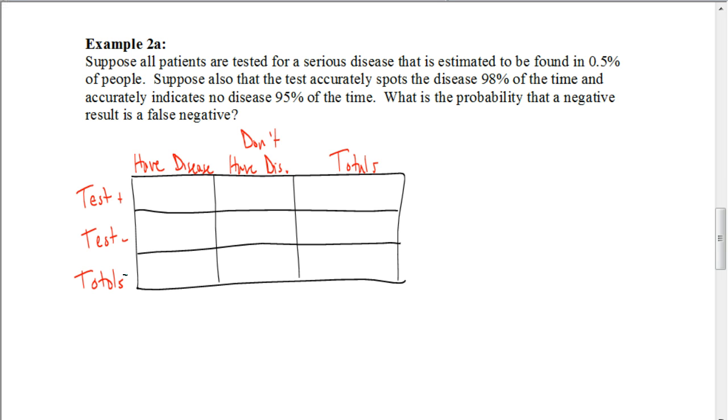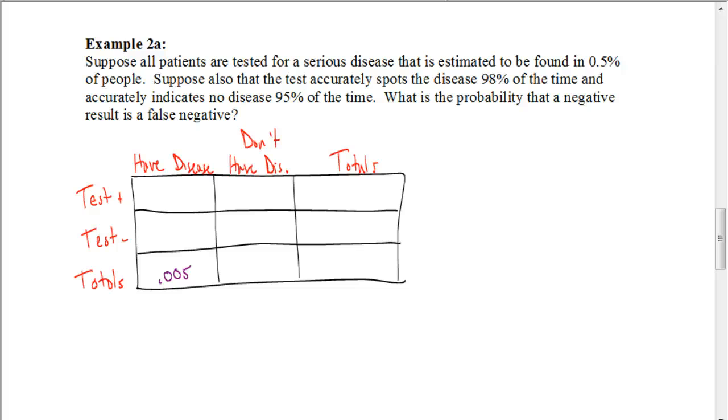So now let's fill out what we know. We know that all patients are tested for a serious disease that is estimated to be found in 0.5% of people. So there's a total of 0.5%. Now we have to change that to a decimal. That'll be 0.005. So we know that 0.5% of people have the disease.